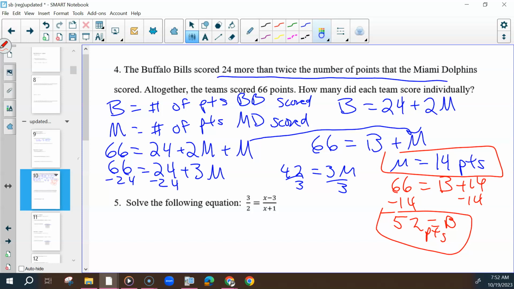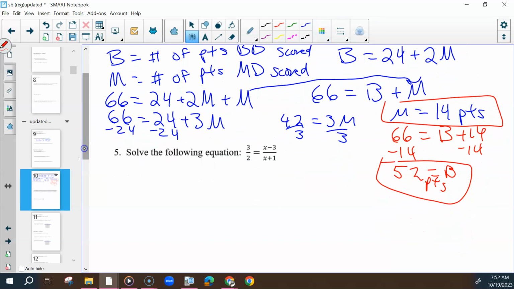You can go back to the recording and see it later. Some of you always switch this with number 5. As long as you write which number it is, it's fine. If you need more space, that's fine.